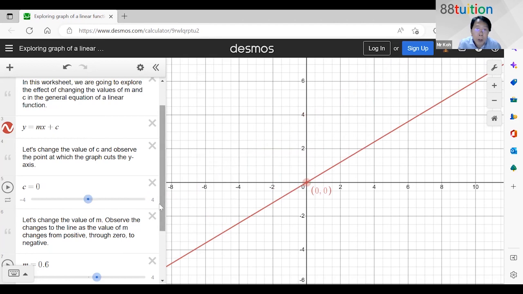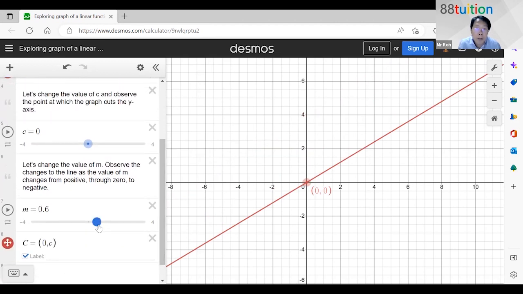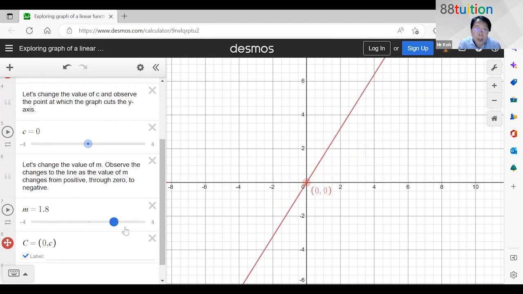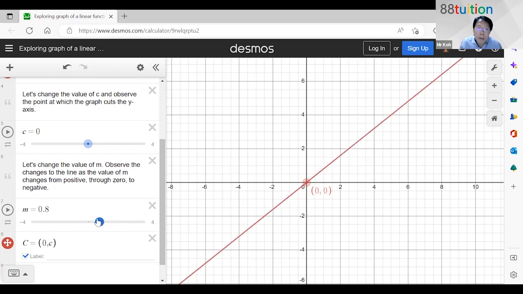Very quickly, I'm going to talk about what happens if I vary the gradient. If the gradient is 4, it's very steep, and this is a positive gradient. What about 3? Slowly the gradient is moving down, less steep already, 2, and then 1. Finally, if the gradient is 0, you get the equation y equal to 0.